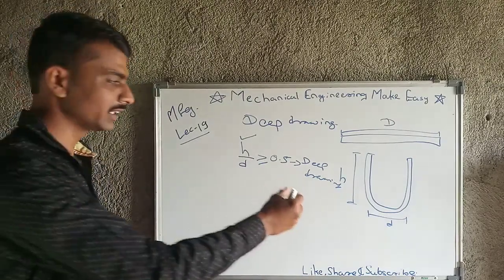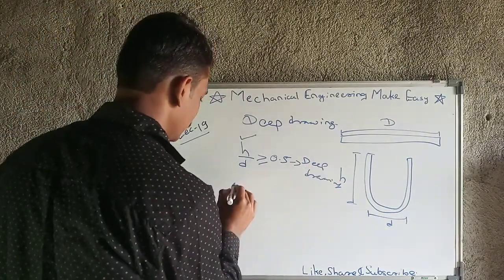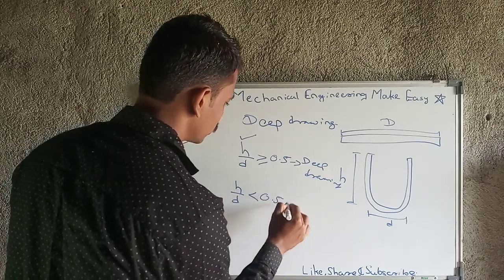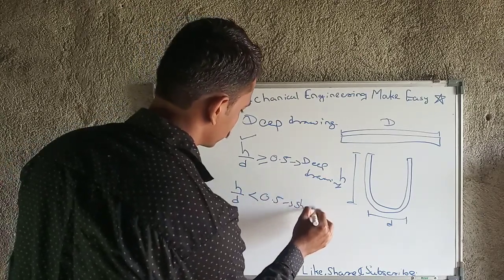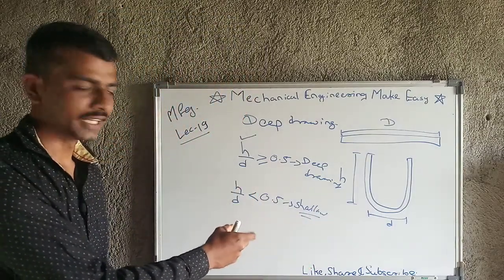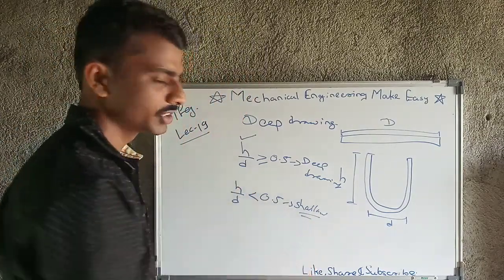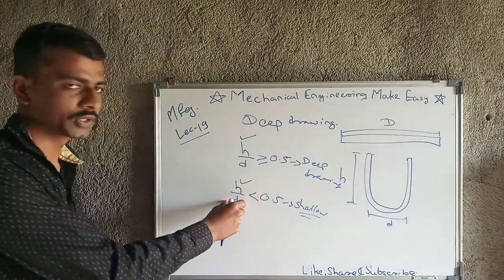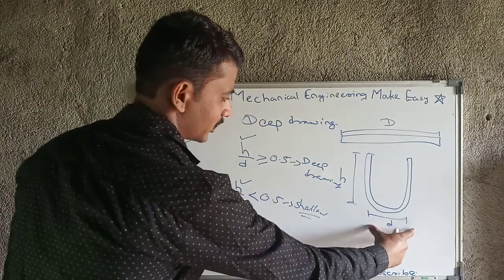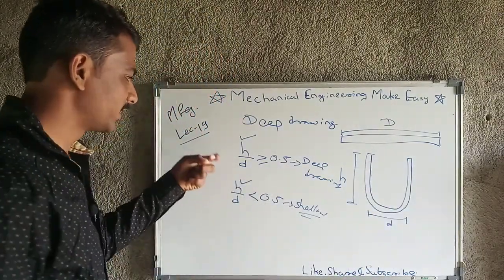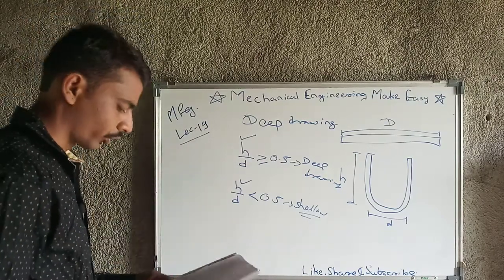If h by d is less than 0.5, then this is shallow drawing, meaning the height is less as compared to the base diameter of the formed sheet. So this is the basic difference between deep drawing and shallow drawing.